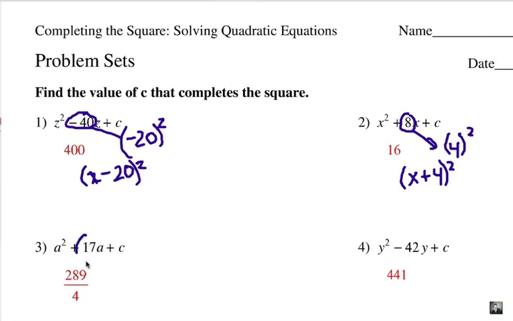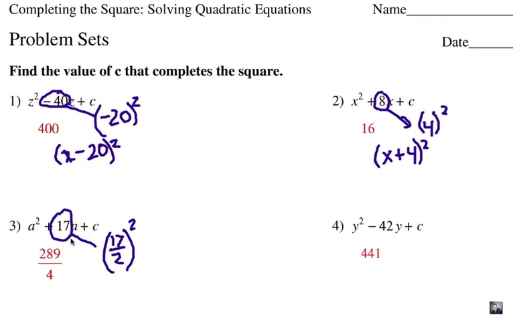All right, now 17, we take half of that, and it's going to be 17 over 2. Don't worry about making it into a decimal or a mixed number here. But when we square that, it's 289 over 4. And if we wrote that as a squared binomial, that would be a plus 17 halves, squared.